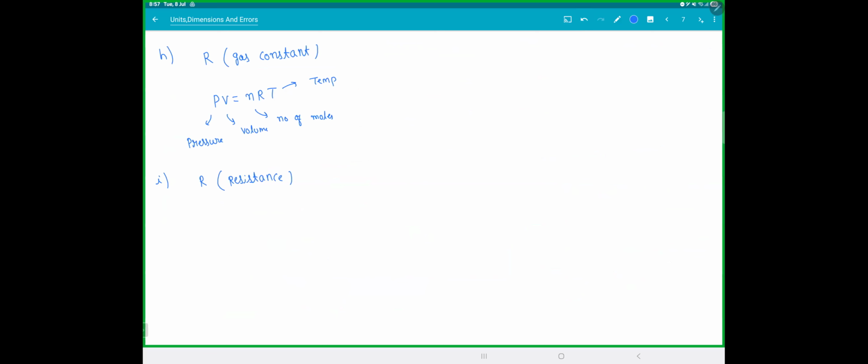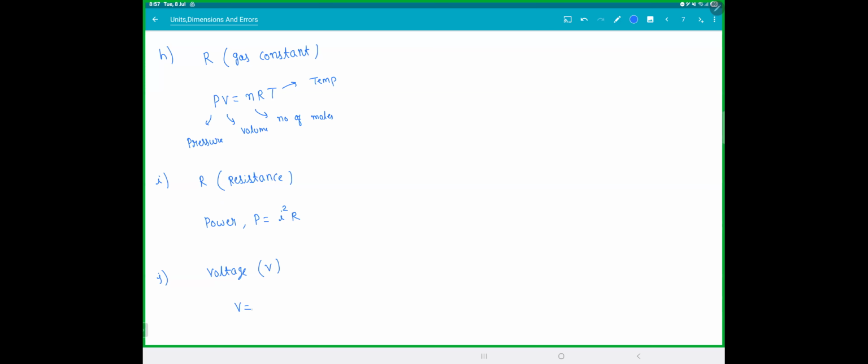Resistance, thermal. This is the thing. So for resistance, where do you get the formula from? You studied this in school. Power P is equal to I square R. Voltage: where will you get this from?